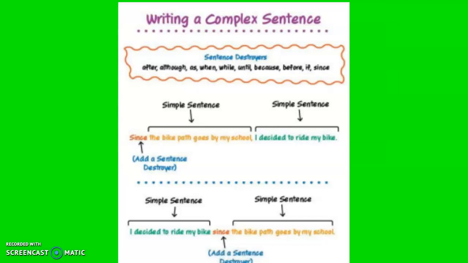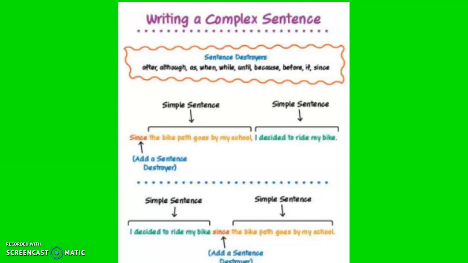Remember, I always encourage you to go in and copy down these anchor charts. Here is the first example that I went over with you, adding a sentence destroyer to the beginning. They chose since. My first simple sentence is the bike path goes by my school. They added in that comma, and then they added on the simple sentence number 2, which is I decided to ride my bike.